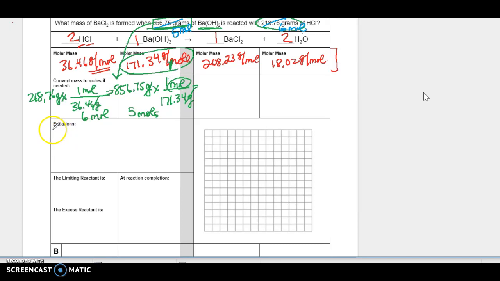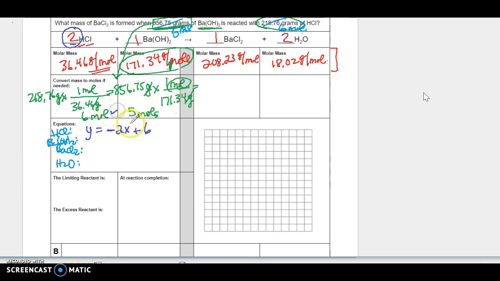Now I'm going to have a bunch of different equations. I'm going to have HCl, the Ba(OH)2, BaCl2 as my first product, and then water as my second product. Now I have to write the equations, which should be pretty easy. The reactants are always going to be negative because they're being used up to turn into the product. So I look at the coefficients. Every time the reaction progresses, I have -2 because I'm losing 2, plus 6 because that's what I started with.